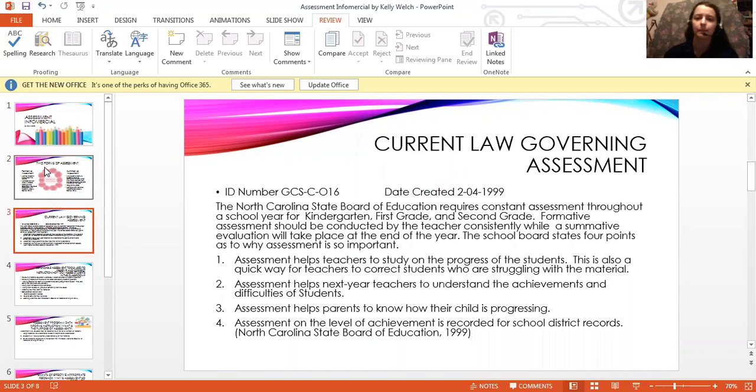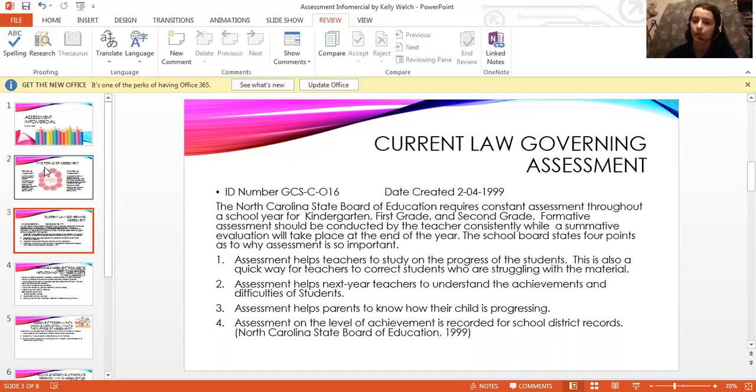And so the current law for governing assessment, North Carolina stresses assessment. So not only in my classroom, but all teachers practice this assessment. So there are four important points for the reason why they stress assessment. First is that teachers can study the progress of their students, that they can correct what their students are doing wrong, and they can just see what they're struggling with.